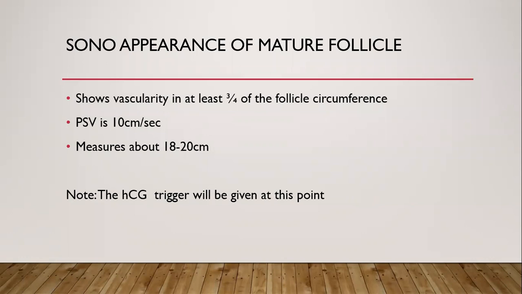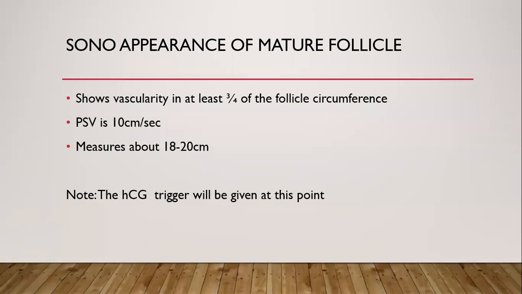What signs are we going to use on ultrasound to advise our doctors to say, this is the right time, this follicle is now mature, you can actually do an induction? Number one, you need to see vascularity over the circumference of the follicle. At least 3/4 of the circumference should show some vascularity when you apply your color.